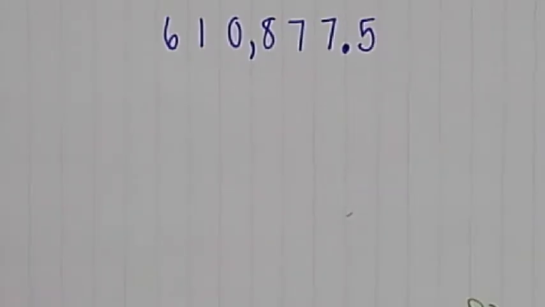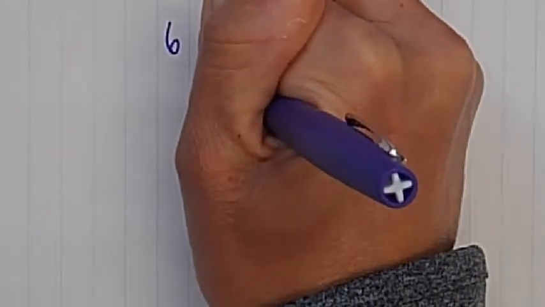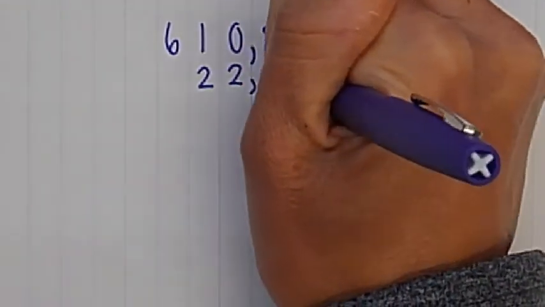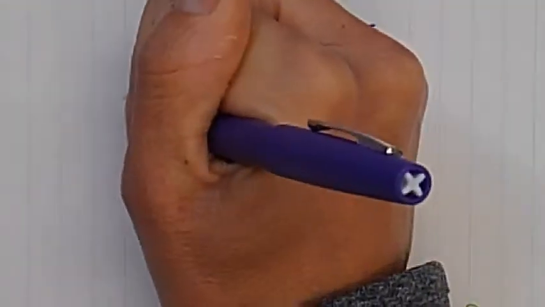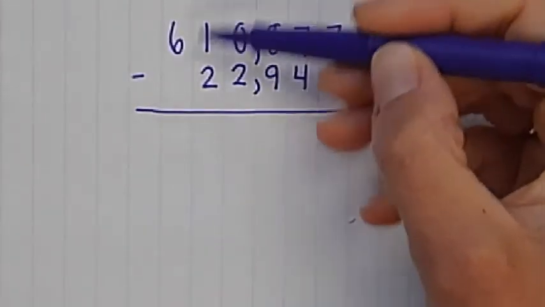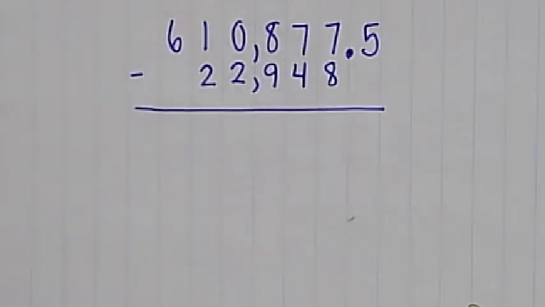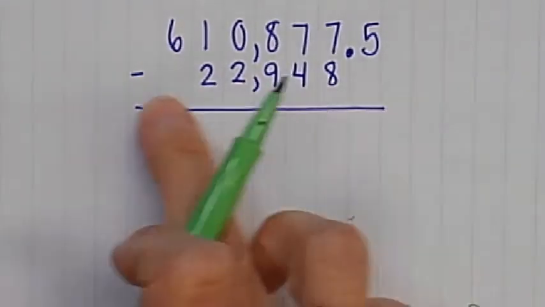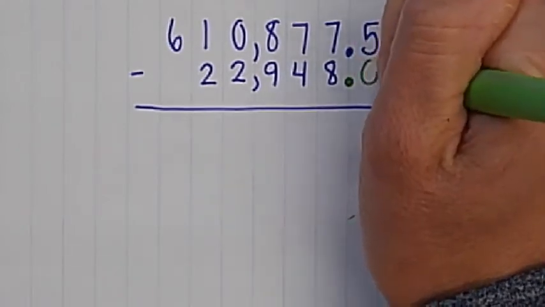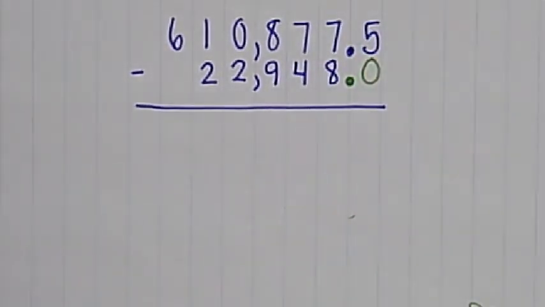And I'm going to subtract from that 22,000, so I'm lining up my numbers, 22,000, commas are in the same place, 948. And this is what I'm going to subtract. As you can see, I've lined up all of my numbers. They're lined up in their places. I have no decimal on this bottom number, so I'm going to have to add in a decimal and a 0 for a placeholder. Now I can go ahead and subtract.